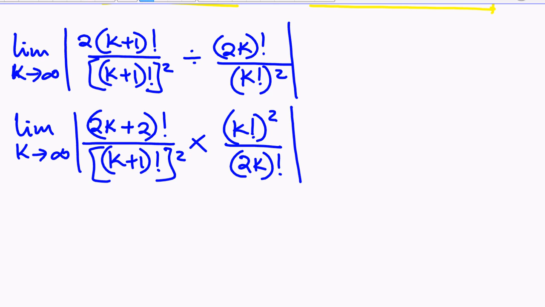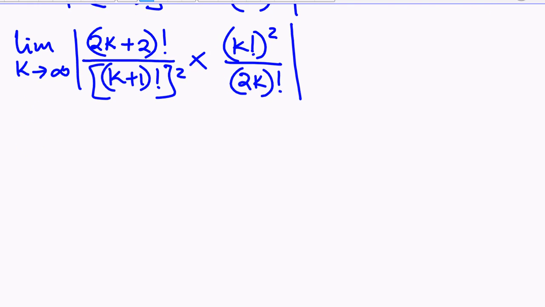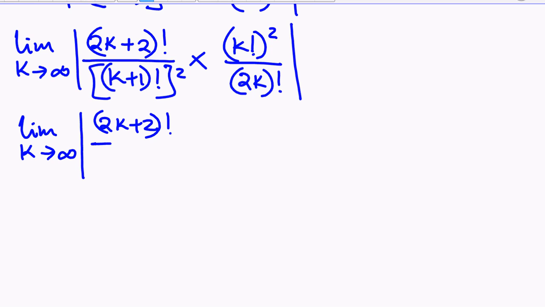And then I'll end up with the limit as k approaches infinity of, I'm going to rearrange a few things here. So here I'll have 2k plus 2 factorial over 2k factorial.